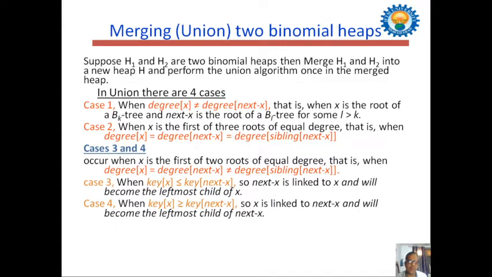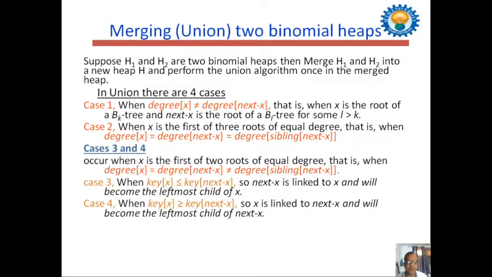What is x? x is the current root of the binomial tree. That means the degrees of two adjacent binomial trees are not the same, when x is the root of a Bk tree and next of x is the root of a Bl tree for some l greater than k.